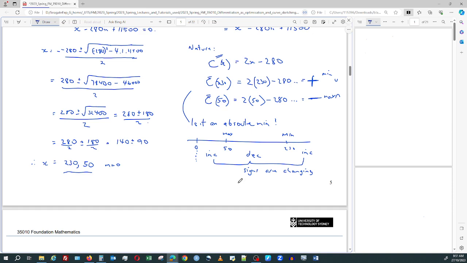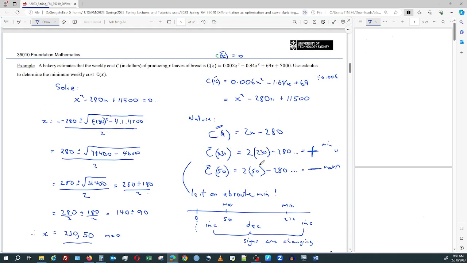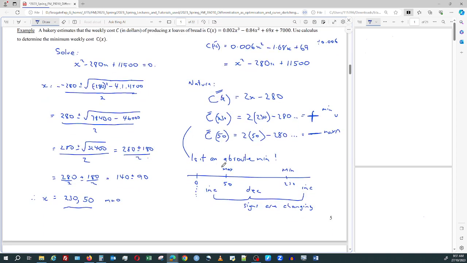Now what's the value at 0 for this function? Okay, let's check a couple of values. So C0, let's just put C0 in. We get 7,000. Let's put in C230.